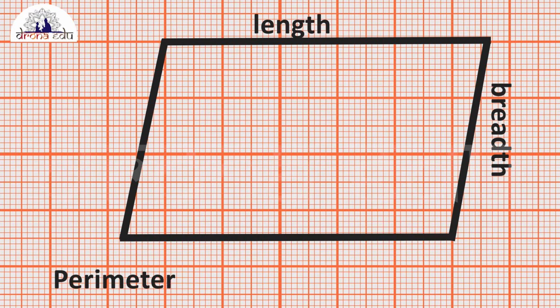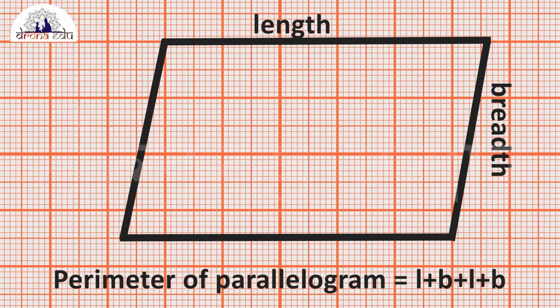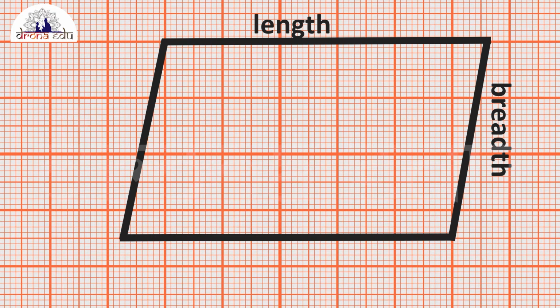So the perimeter of this parallelogram is given by the sum of all the sides, which is nothing but 2 times the sum of length and breadth. That's correct, right? The formula is perimeter equals 2 into (L plus B).